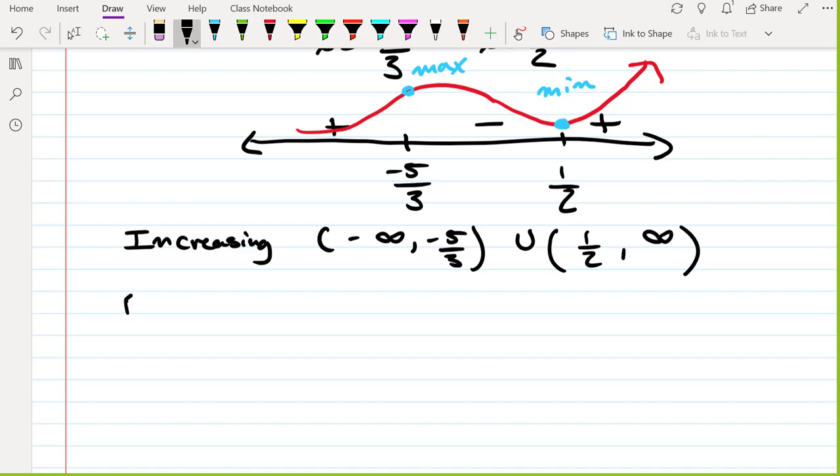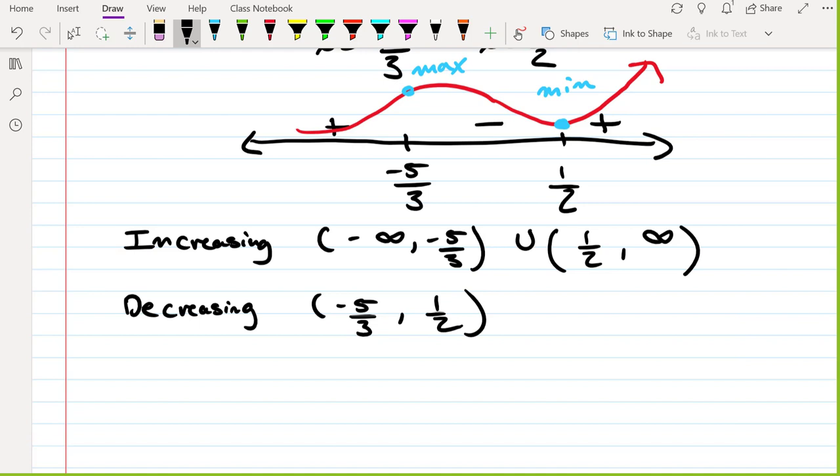And we're decreasing from negative 5/3 to positive 1/2. So those are our intervals of increasing and decreasing.